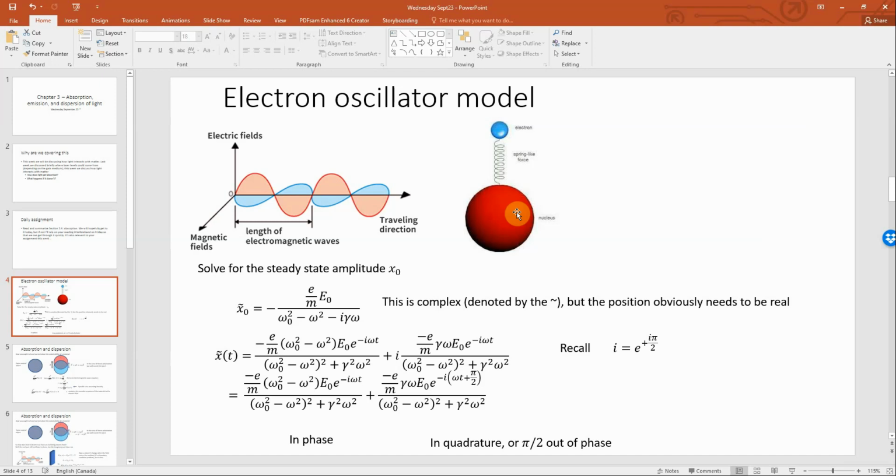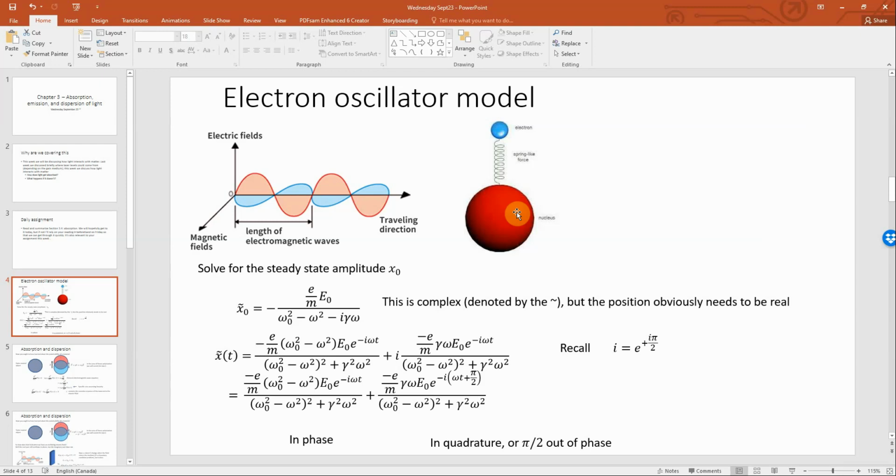So we put this model into a differential equation. This ended up being the exact same equation as a driven damped harmonic oscillator. And then what we said is we want to solve for the steady state, the steady state being the amplitude of this electron.